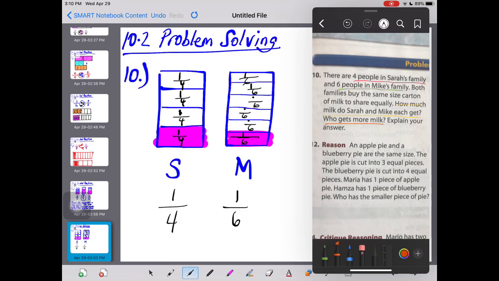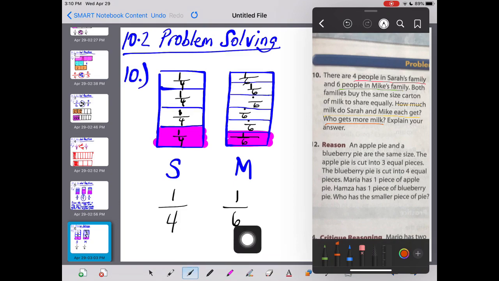The second question says, who gets more milk? Well, the numerator is the same, 1 against 1. So we can look at the denominator and say, well, I know that in fractions, the smaller the denominator, the bigger the piece.